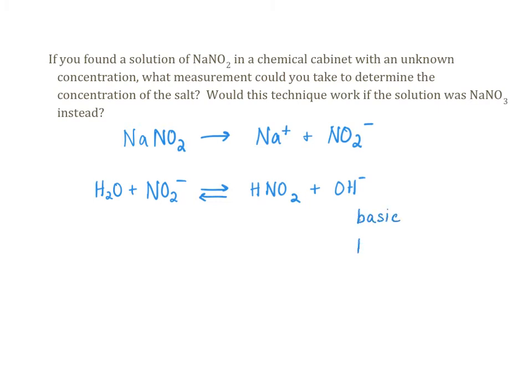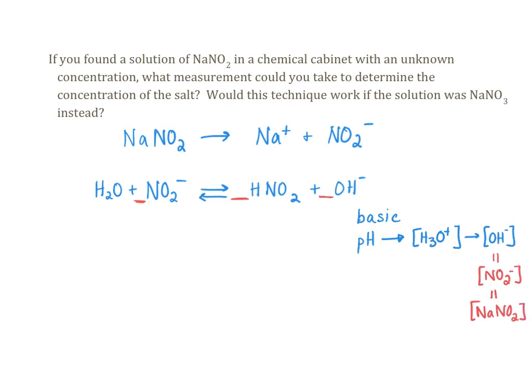And that means we could measure a pH. So if we got a pH, we could use the pH to figure out the concentration of hydronium, which we could use to figure out the concentration of hydroxide. And since the stoichiometric amounts of HNO2, OH, and NO2 are all the same, the concentration of OH would be equal to the concentration of the nitrite ion, which would then be equal to the original concentration of the sodium nitrite.